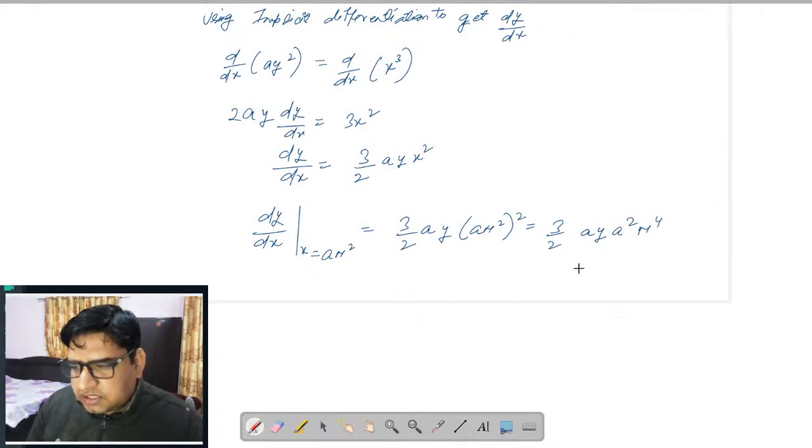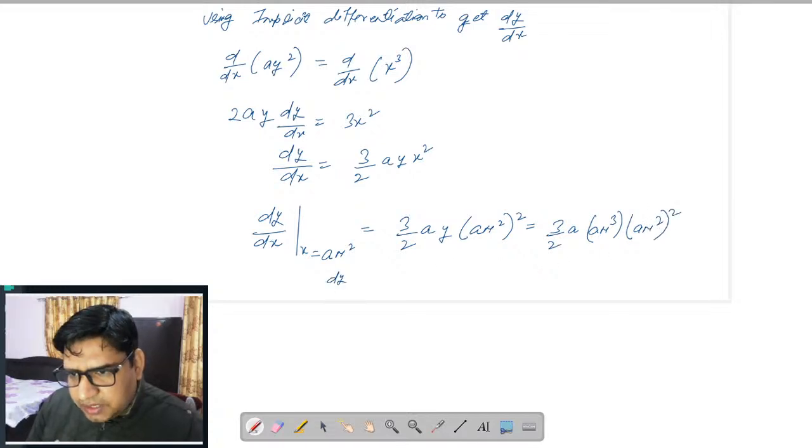So that can also be written in this way: 3 by 2a, y is a m cube, and this is a m square whole square.